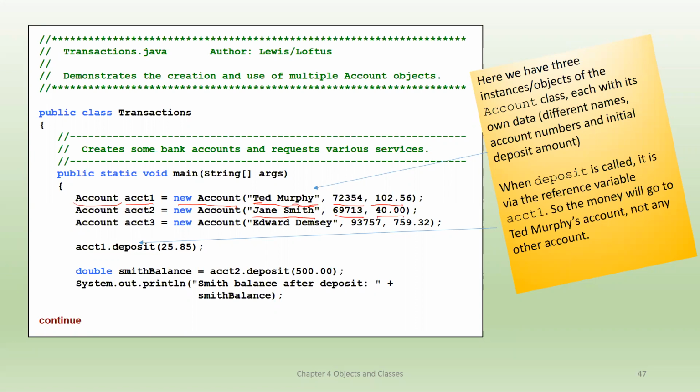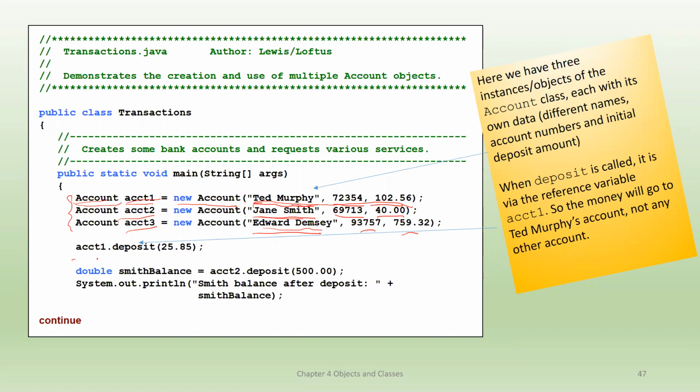So now you created 3 account objects using the same class Account. That's why we say a class is a concept, a blueprint. The blueprint is Account, and now you're creating 3 different instances, different objects. They all have those same attributes, but each attribute has a different value.